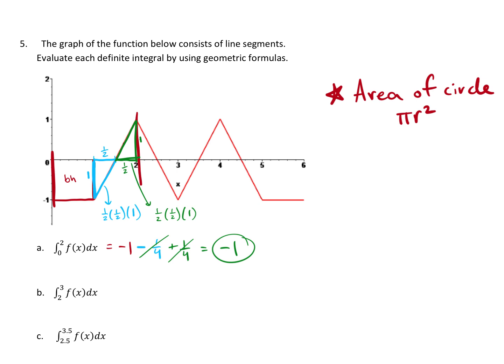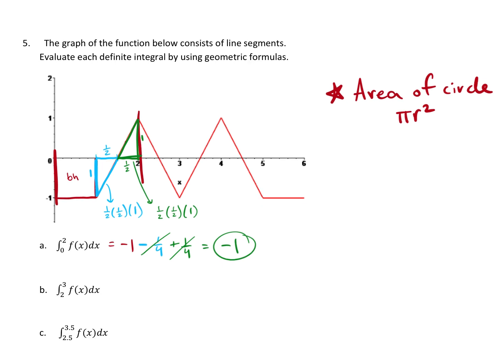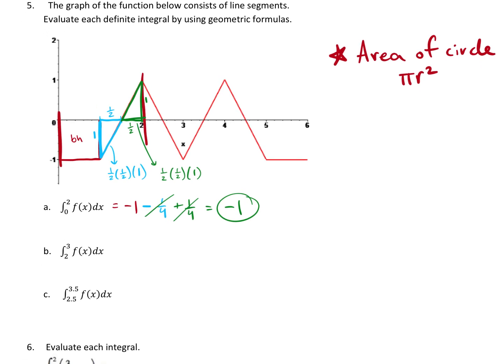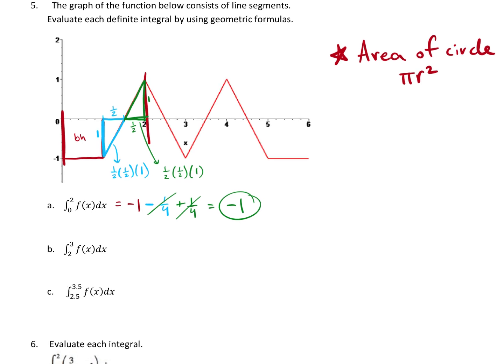So make sure you know the area of a circle, pi r squared. You might be given a semicircle, so half of that would be pi r squared over 2. Any other questions here? Do you want to see B or C, or you feel okay with this?